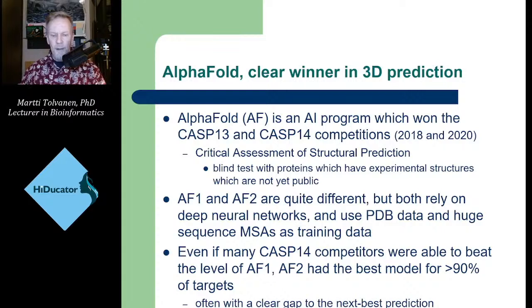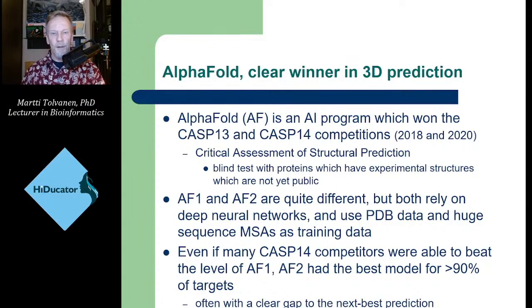And even if AF1 was quite good, there were many competitors who were able to come up to its level and even beyond in the intervening 2 years. But now AF2 is really the king in the field. They were able to give the best model for more than 90% of all targets in CASP 14.